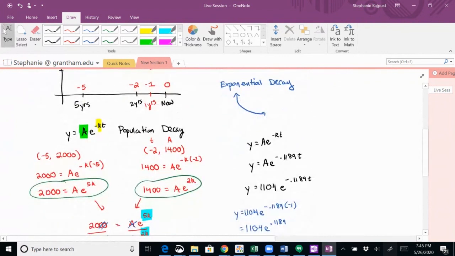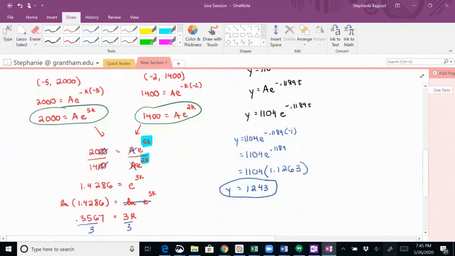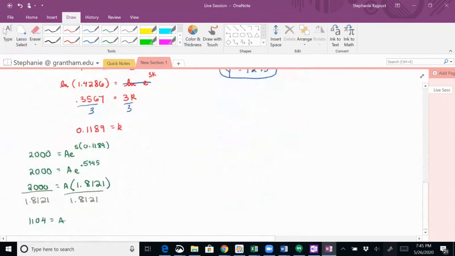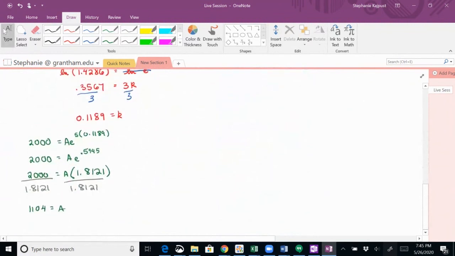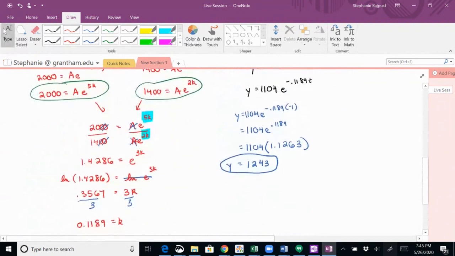Then we got the basic equation to use. We plugged in our information and then did a little trick so that we can solve for k. And then once we knew k, we plugged in the information so we could find A. Once we had both of those numbers, we could get our actual equation, which we can finally use to plug in the number we wanted to answer the question that was asked.